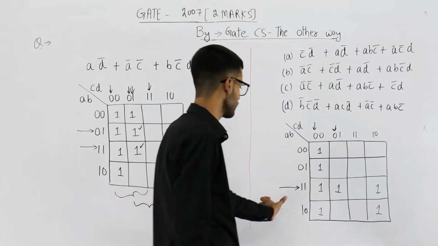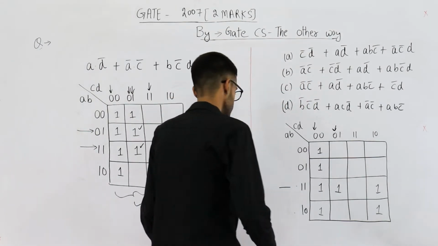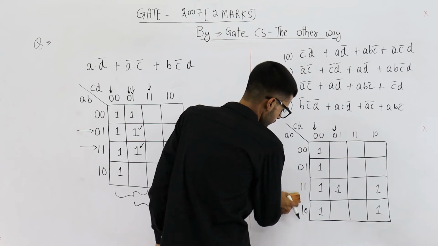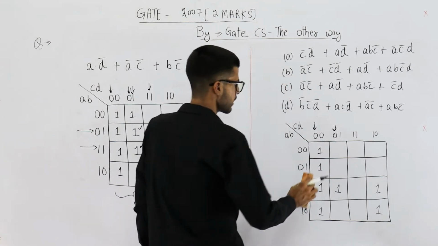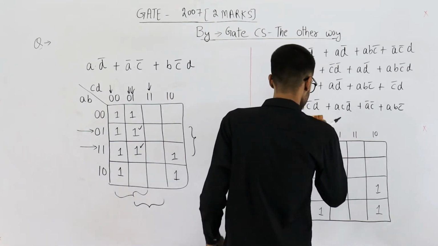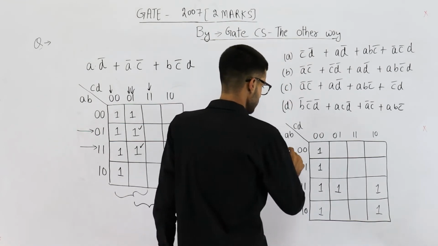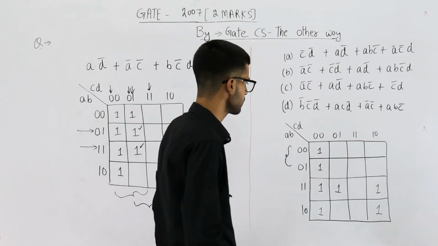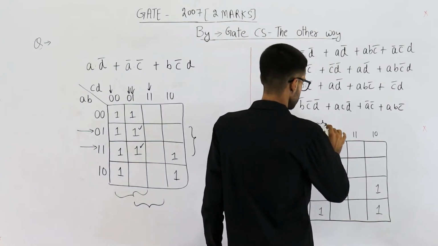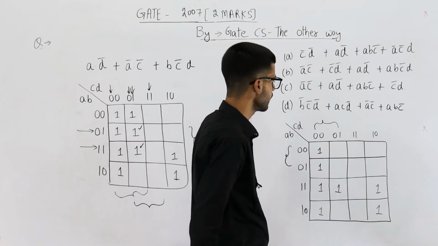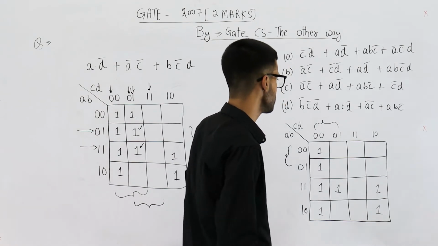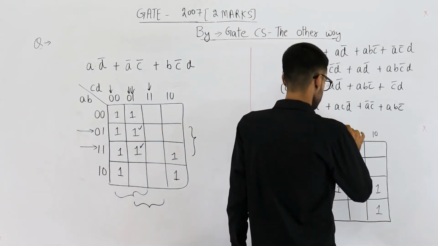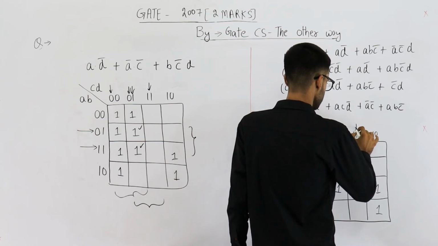Now let's move on to the last term. Let's analyze the last term. It is A bar, C bar and D. So A bar means these 8 cells, C bar means these 8 cells, and D means this one as well as this one.